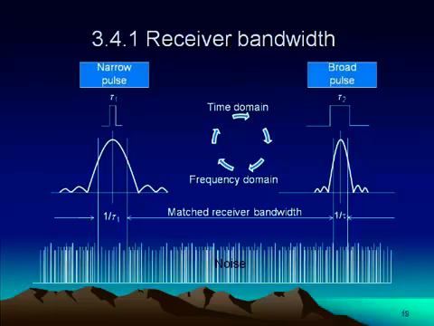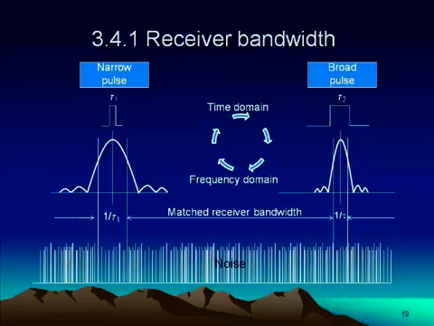In the time domain, when you send a narrow pulse, it occupies a large bandwidth, and if you want to accommodate all the power that is available, the receiver must have wide bandwidth, hence more cost. If you can go for a broad pulse, then the spectrum of the pulse is going to be narrow and hence the receiver bandwidth requirement is also going to be less.